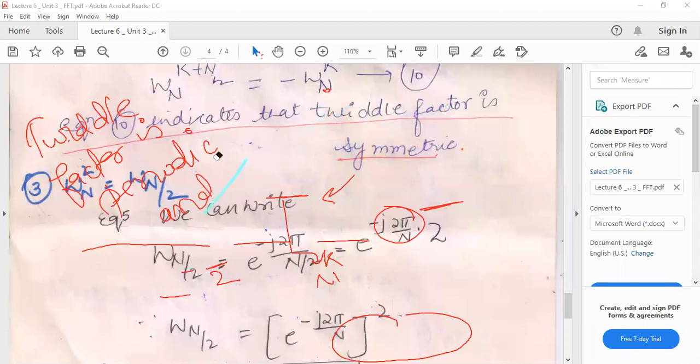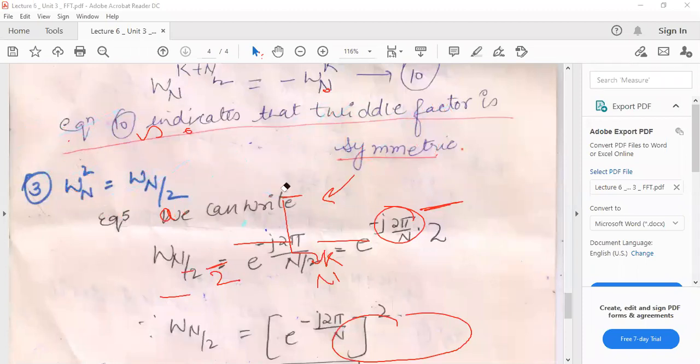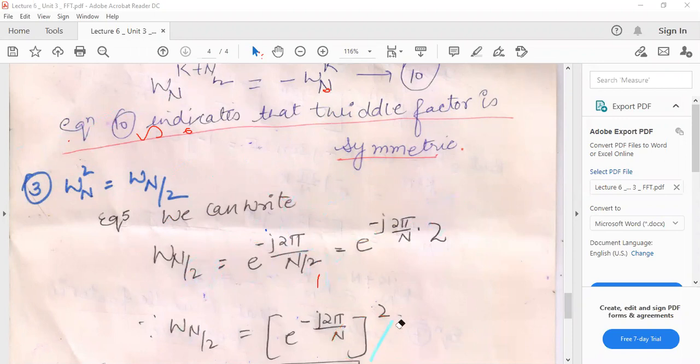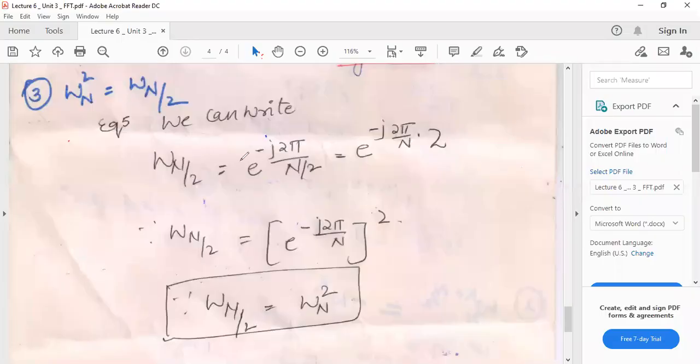So we have one more property of the Twiddle factor, which is given in point number 3. In this, we will see whether this equation is true or not, right? So we solve this equation and prove it. So W_(N/2) is basically taken as half of the N-point DFT.